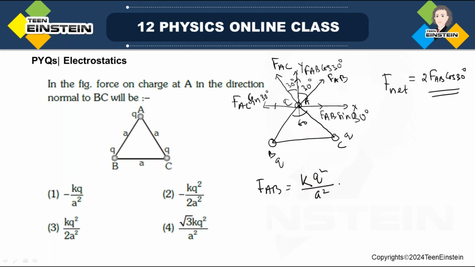And now the net force here I can write as 2 into k q square by a square into cos 30 degrees, which is √3 by 2.